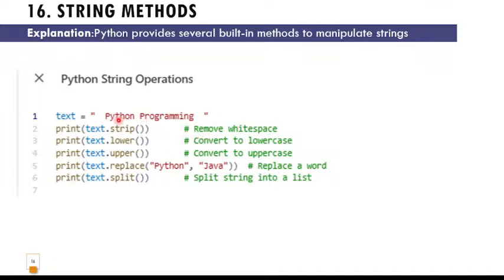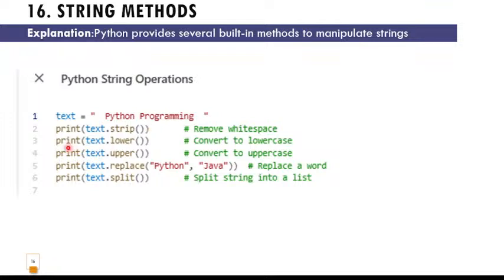If we have spacing after the comma, then "Python", then space, then "programming", then this spacing, which is irrelevant, to remove this we just need to write print text dot strip, then the brackets, and close. This will remove the extra white spacing.